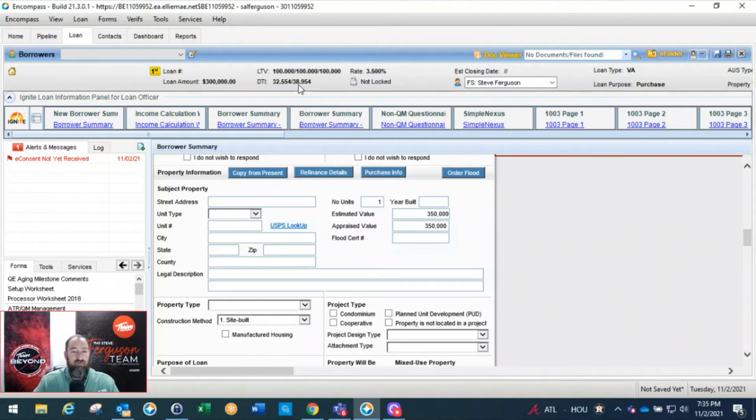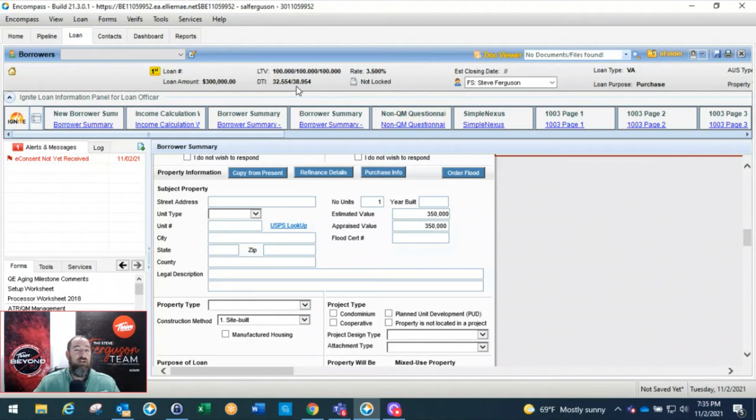So if you have excellent credit and you've managed your credit and your income well, and you're wanting to buy a more expensive house than you might be able to qualify for in other programs, VA is going to give you the flexibility to do that. The beautiful thing about that is your back end debt to income ratio can be above 50% on a VA loan if you qualify to go that high. There's not a restriction on it. So that's great news if you're a veteran.